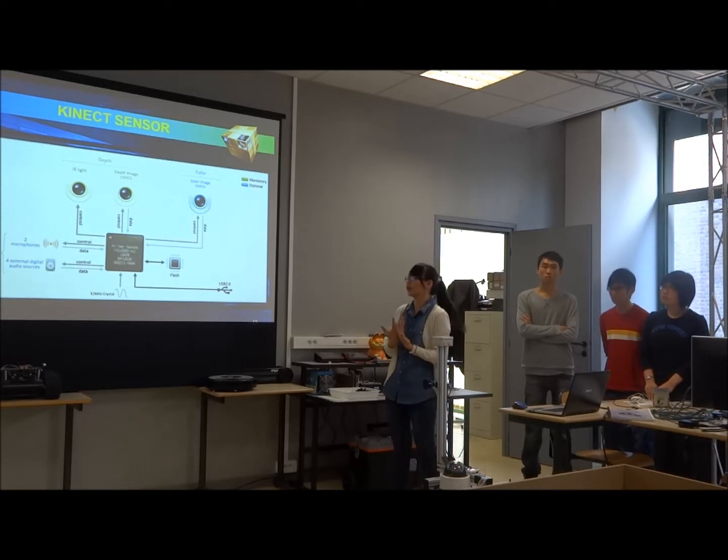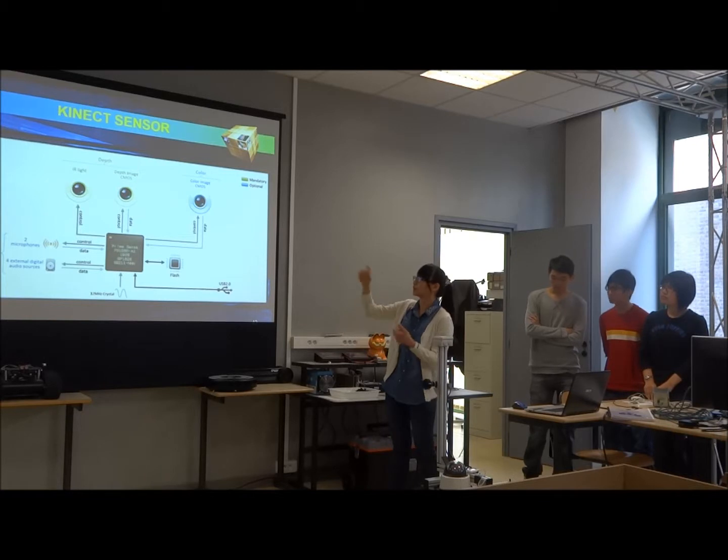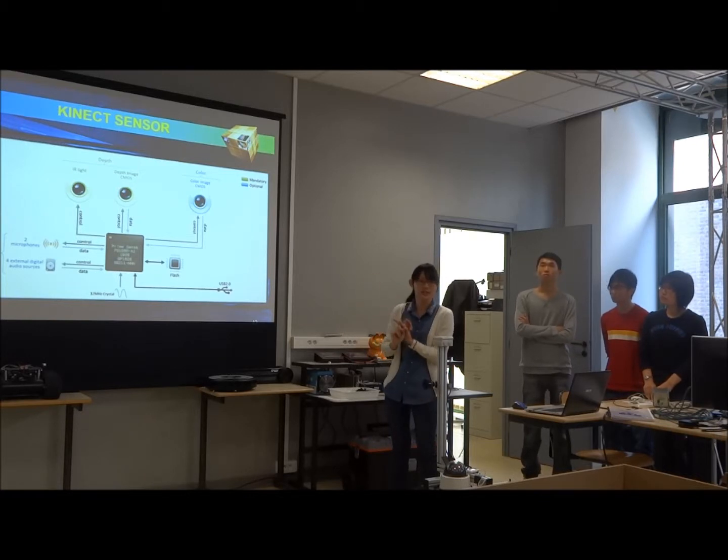I'll further explain on how things happen. So now I just let all of you have a picture on what is on the Kinect sensor, and how by using these three cameras and also the projector itself, later on we'll come up with the 3D map.